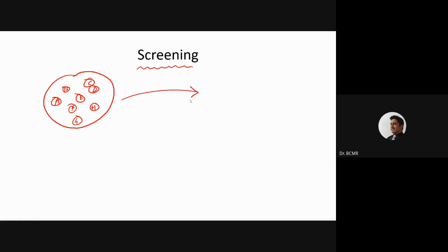Here I have A, B, C, D, F, G, H entities all as a mixture. You're trying to screen through all the things that are available and find out what you need. As in the case here, I need D, entity D.